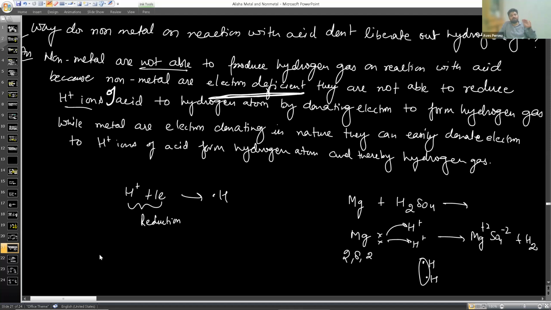For example, if I need to answer this one, I can easily say that non-metals are not able to donate electron to the H plus ions of acid to form hydrogen gas because they are electron deficient. That is enough.